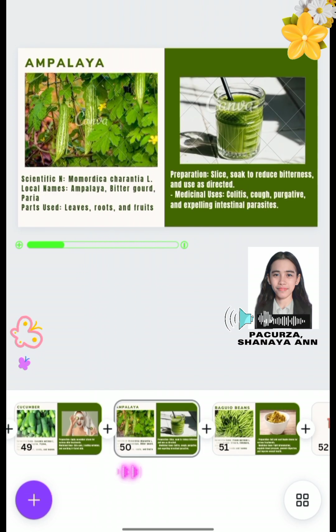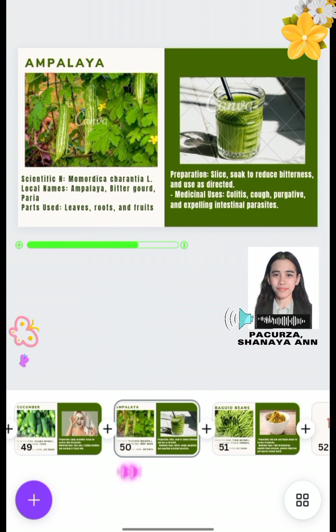Another example is ampalaya. The scientific name is Momordica charantia L. The parts used are leaves, roots, and fruits. For preparation of ampalaya juice, first you have to get the ampalaya fruit, slice it, and then soak it to reduce the bitterness, then put it in a blender and blend.